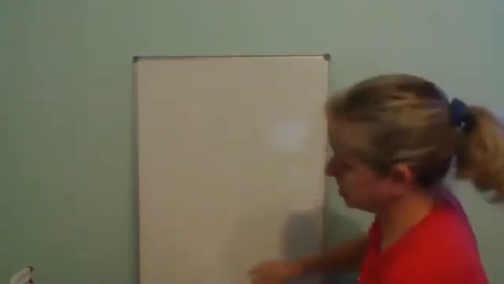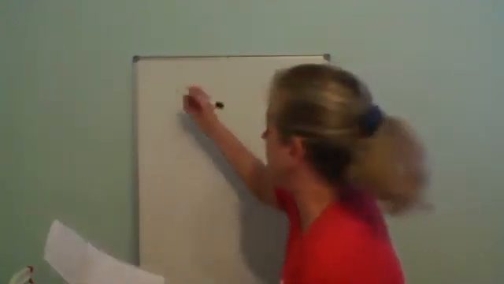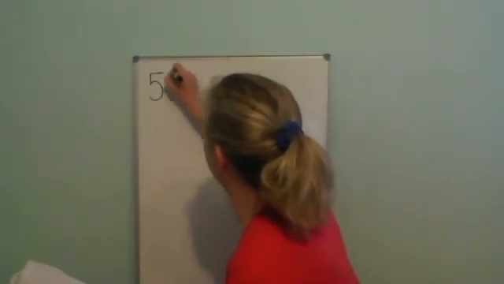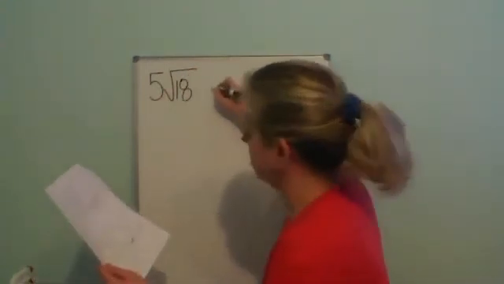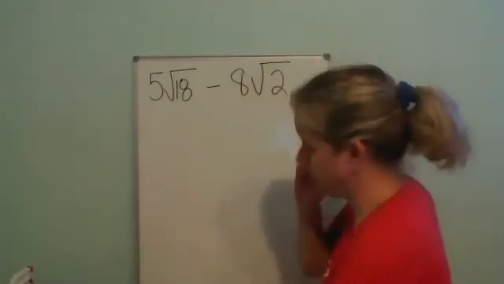Now, when we get to 16, hang on. We're still adding, well, subtracting actually. 5 square roots of 18 minus 8 square roots of 2.